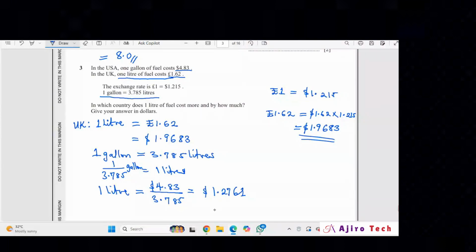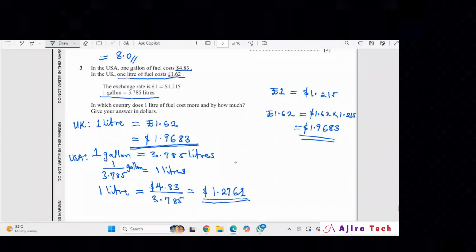Because if you look at the question, it says, in which country does 1 liter of fuel cost more? So we are dealing with 1 liter of fuel. Now in the UK, 1 liter costs this amount. In the USA, 1 liter costs this amount.